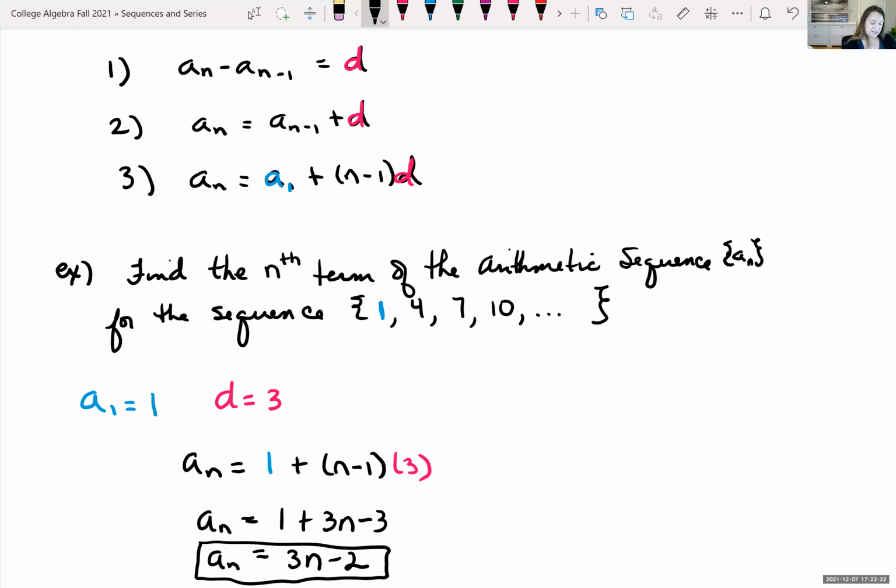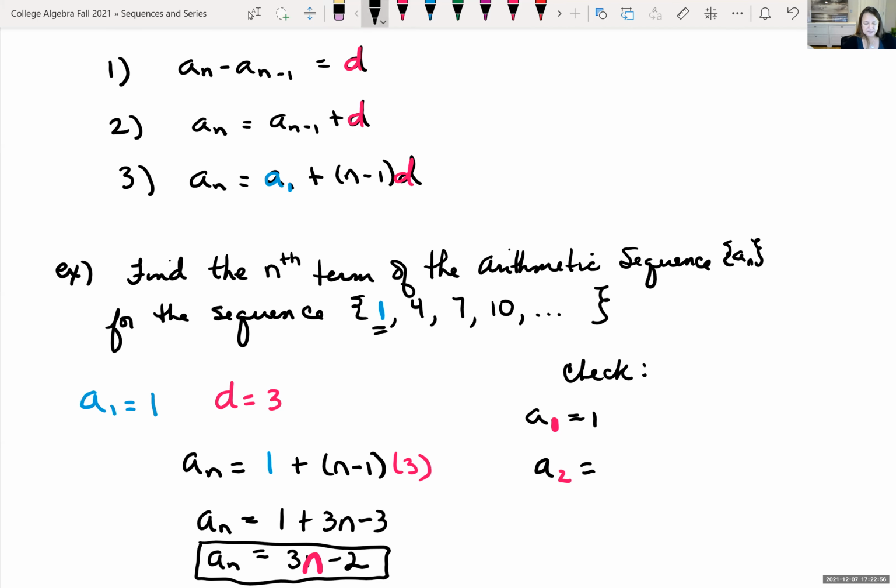And so let's just check it. We looked at the first term, a sub 1. We plugged in 1 wherever we saw an n in here. We get 3 times 1, which is 3, minus 2 equals 1. Okay, that's what we have here. Let's say we plugged in a sub 2.